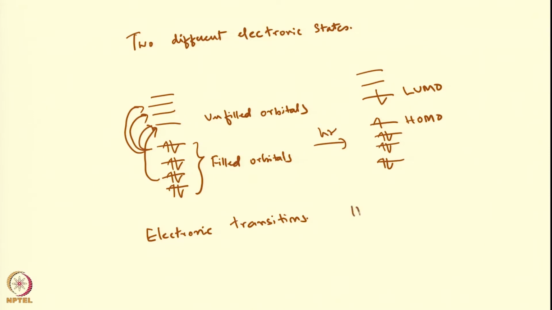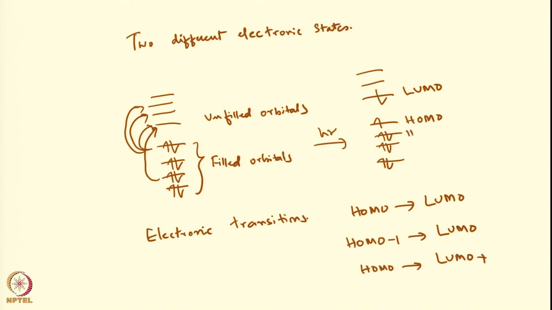One can have HOMO to LUMO, or HOMO -1 to LUMO, or HOMO to LUMO +1.